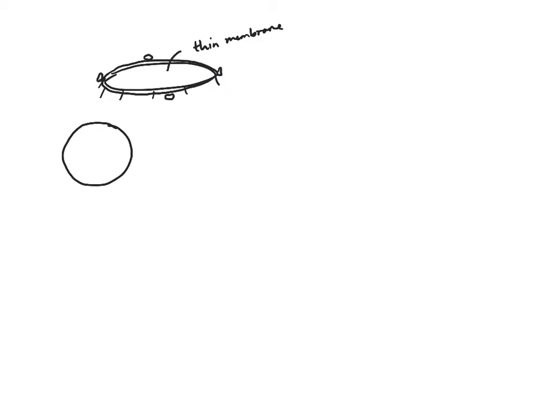And if I was to hit the top of that drum at some location, then that would initiate some sort of vibrations, and the vibrations would be satisfying in much the same way that a string under tension does.